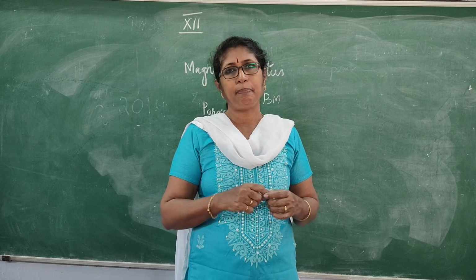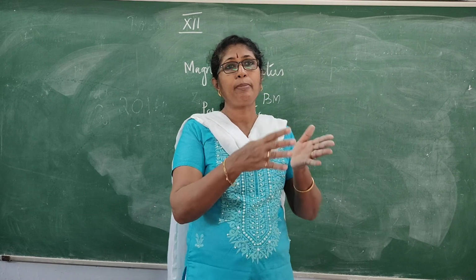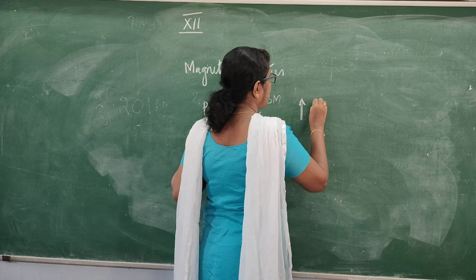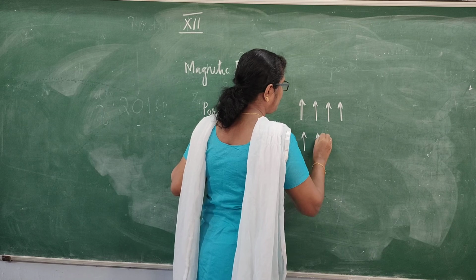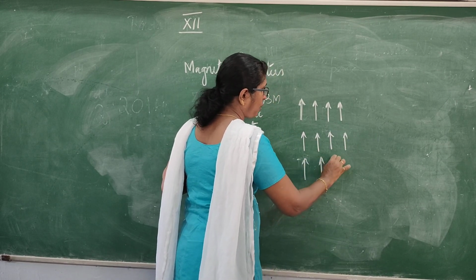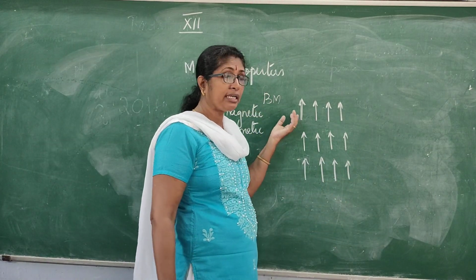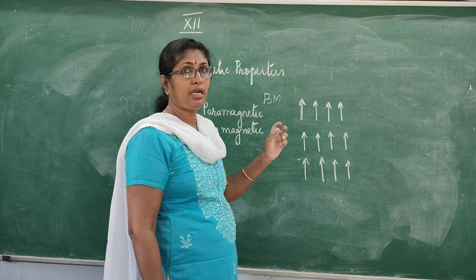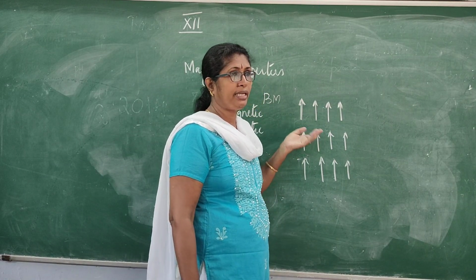When a strong magnet is shown to such substances, if all the magnetic domains are arranged in a single direction, then such substances will be strongly attracted in a magnetic field. These magnetic domains are formed by small groups of metal ions.